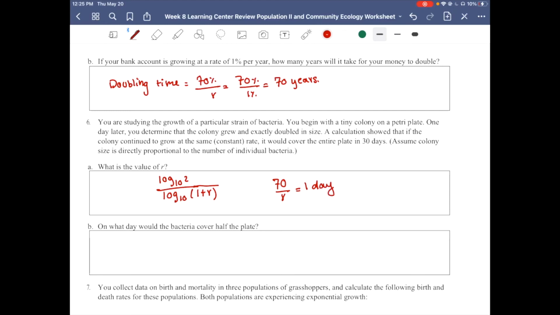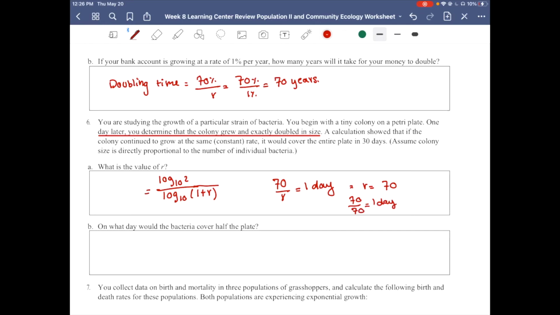And we know that this is 1 day because in the question they said a day later it doubled exactly in half. So we know 70 over R, whatever this is, needs to be something that gives us 1. So the only answer that can be is 70. So R equals 70 because 70 over 70 should equal 1 day.